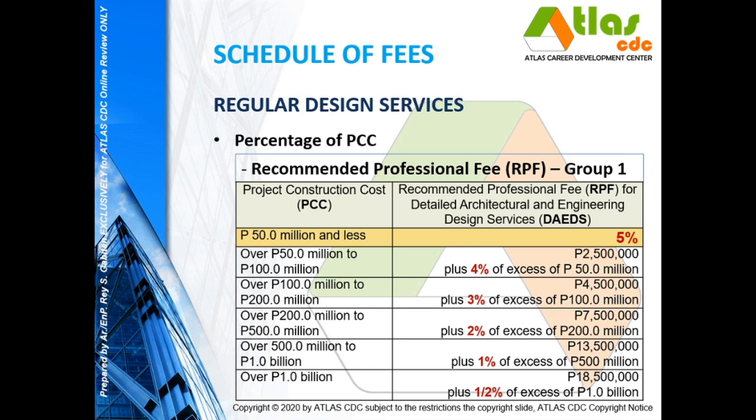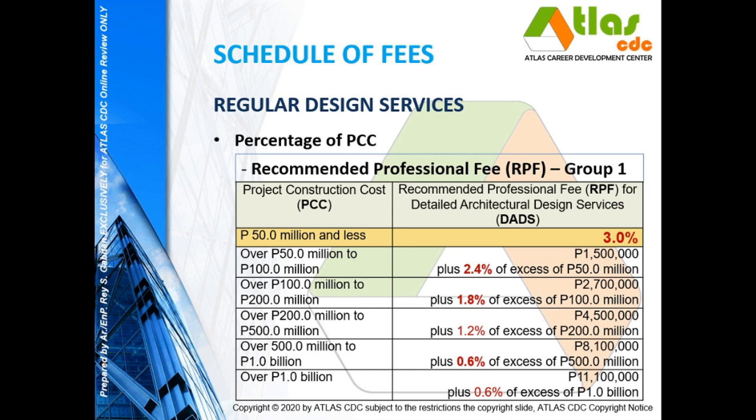Now, for board exam purposes, ang tatandaan lang naman natin siguro is the base, which is 50 million or less. So for group 1 is at 5%. If that is a detailed architectural design services, or DADS, the base fee, the recommended professional fee, is at 3% for 50 million or less.